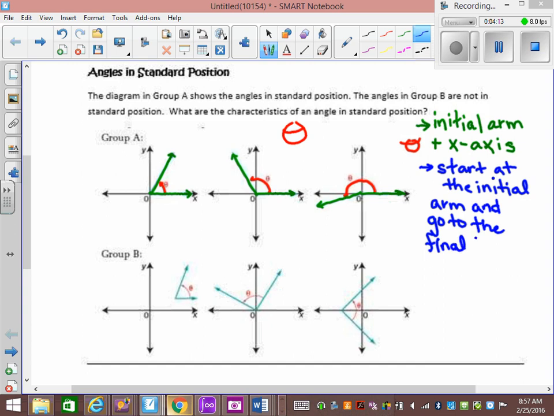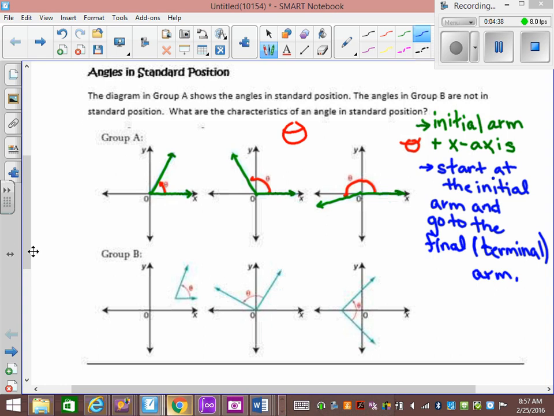Remember, if you're sitting together, you need to be quiet. The final terminal arm. So we're following it around to the terminal arm, following it around to the terminal arm. And where the initial, the positive x-axis meets with the terminal arm is where my theta is, right?